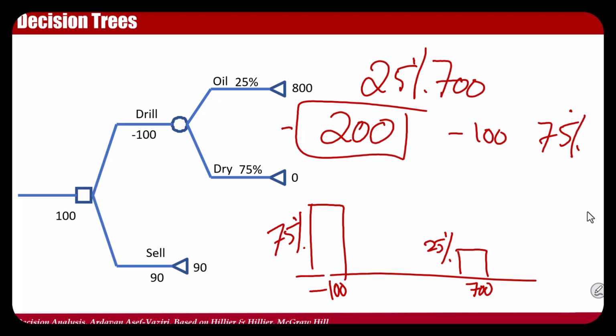Such a firm may not want to take such a risk, with 75% chance to lose $100,000, and may just go with this alternative. That's a concept which we will discuss later in utility theory.